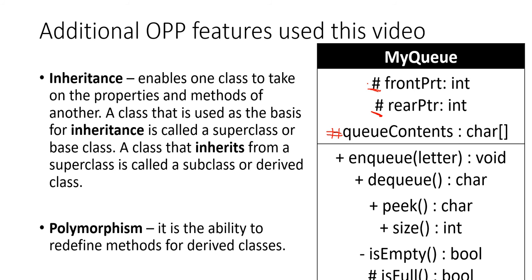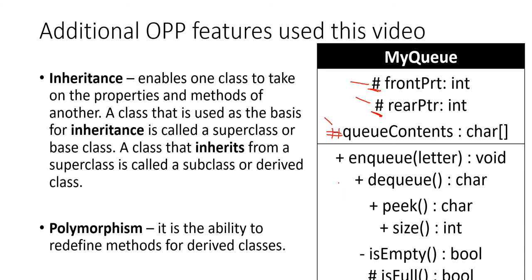So remind ourselves what protected is. Well, protected means that it's essentially private, except it can be accessed via the derived class, the child class, the subclass, all the different names that we had for those. We can access all of these except isEmpty because that's still private.